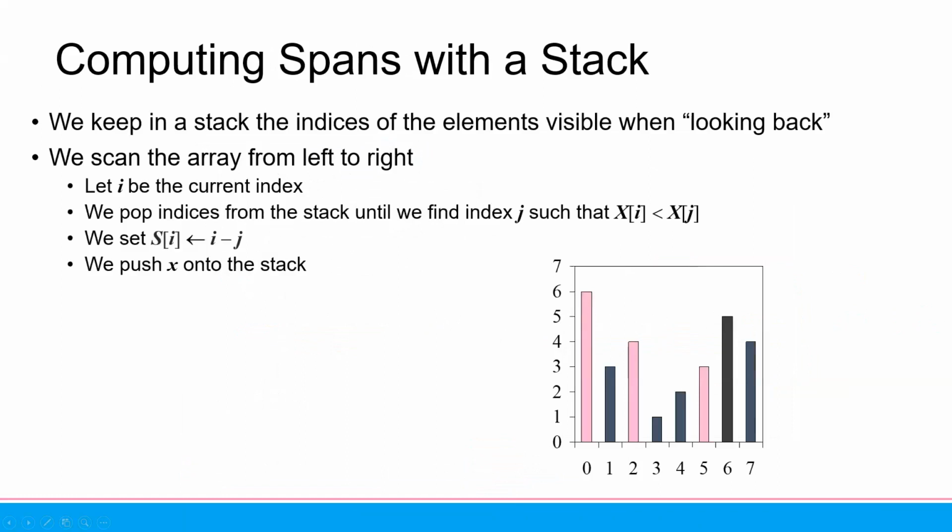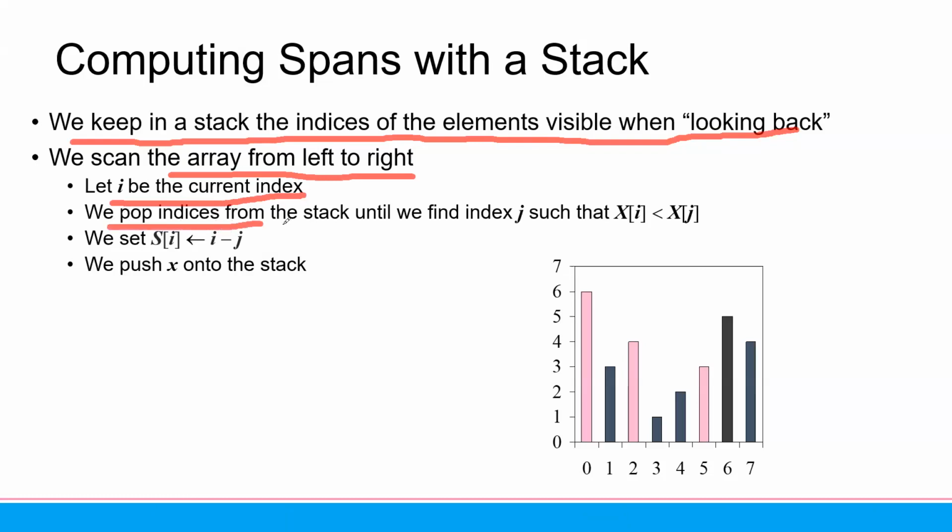Now, how if we use a stack for this problem? You keep in a stack the index of the elements visible when looking back. So we scan the array from left to right and let i be the current index.